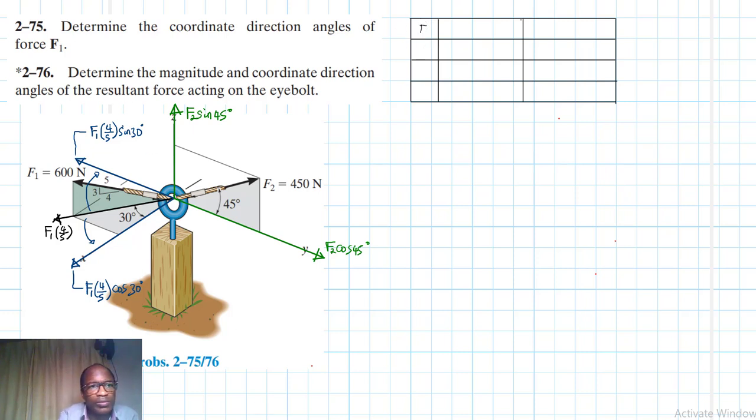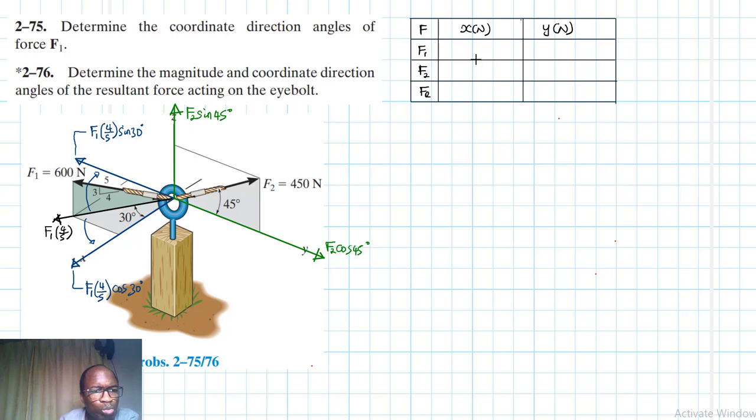So we have F, then we have F1, we have F2, let's call this FR. In these components, we have X component in newtons and Y component in newtons.